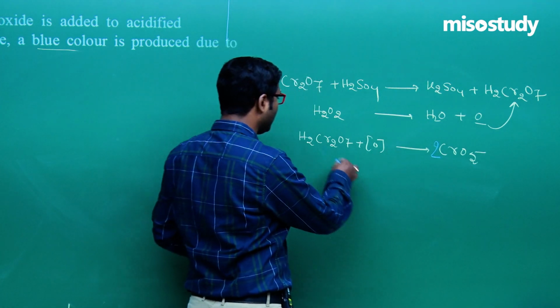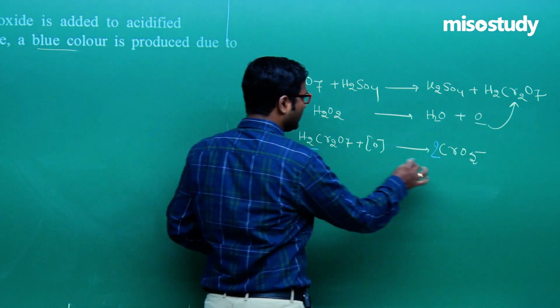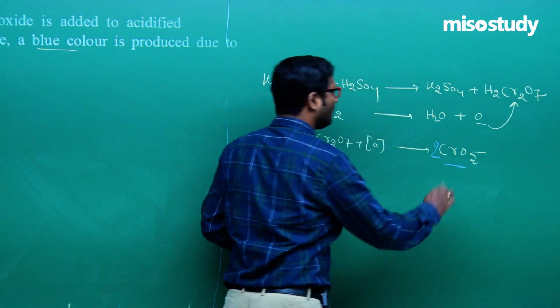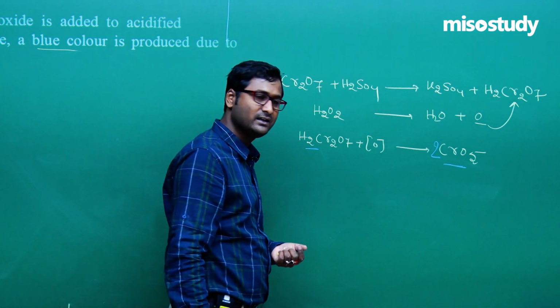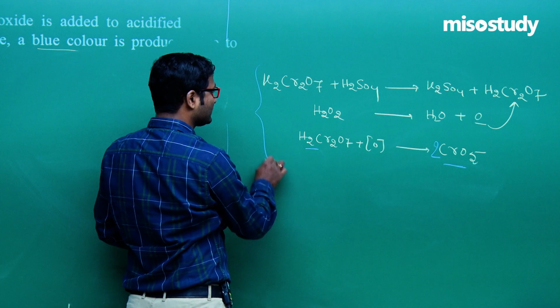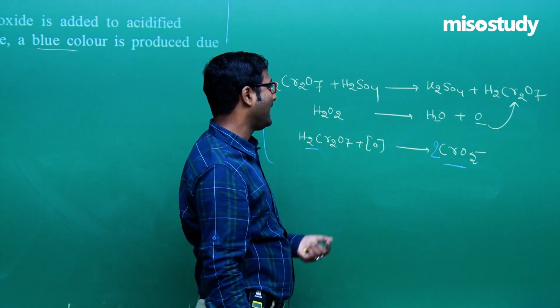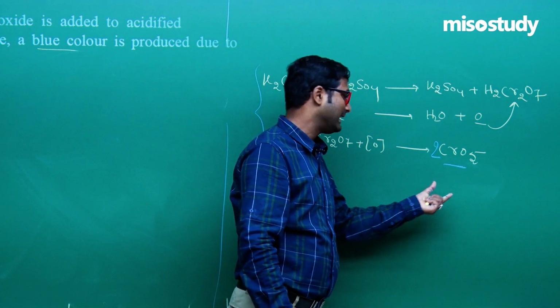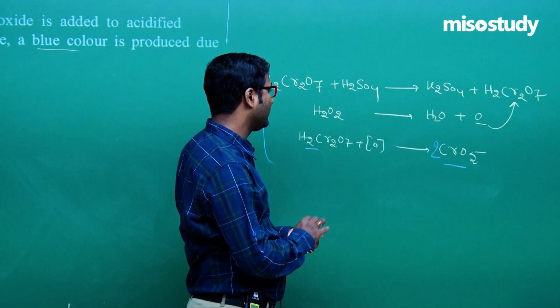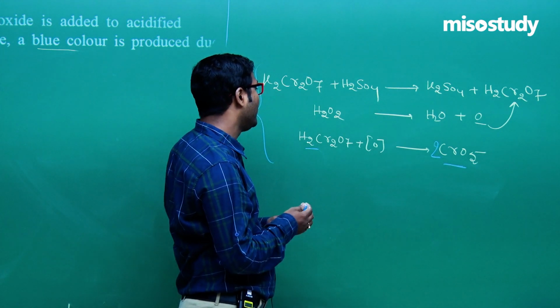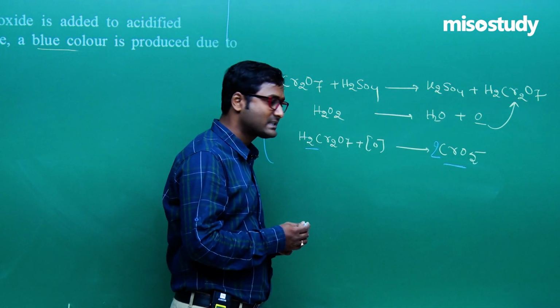H2Cr2O7 will be converted to CrO5. Do you remember this reaction? This is the reaction. This is the 3 step. After adding, you will find the exact output. Clear, friend? If you have any doubt, you can easily ask me.